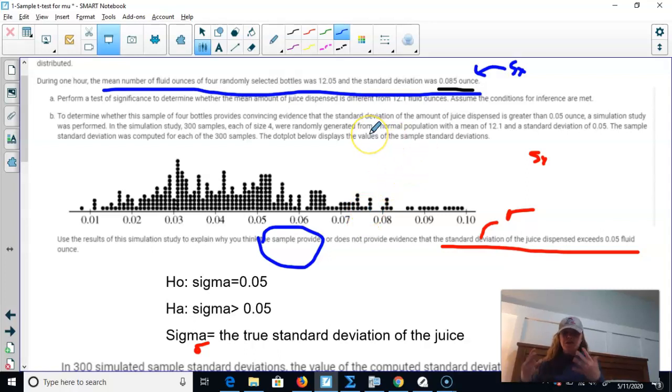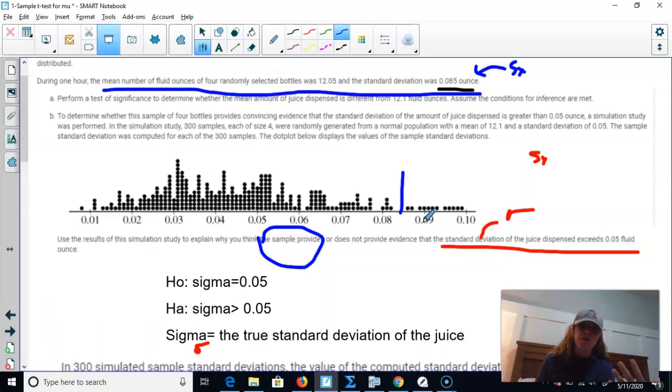If you didn't know that, you're like, wait, how was I supposed to know that? Dissect and you say, okay, we have a sample right now. I'm dealing with some standard deviations, and I had an sx of 0.085, which is approximately right here. Not many happened above that. When we have a simulation, we're trying to find a probability based off that simulation.